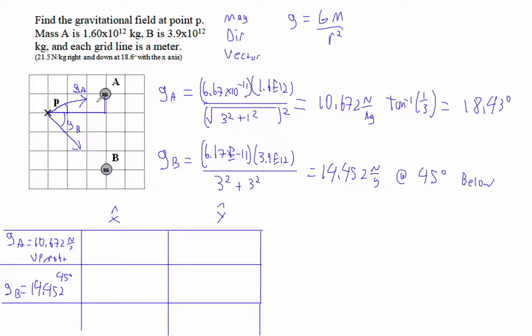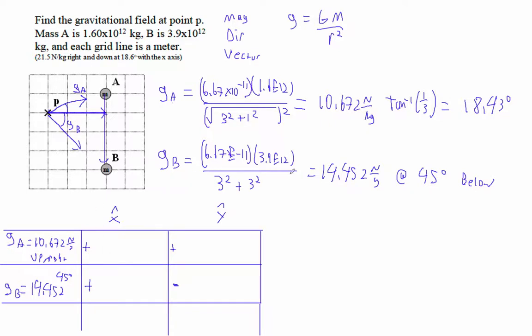So the components of B are to the right and then down. So B is going to have a positive x and a negative y. This guy's going to have a positive x and a positive y. Right? Because this vector is up and to the right. This one's down and to the right. That's the only difference, right?